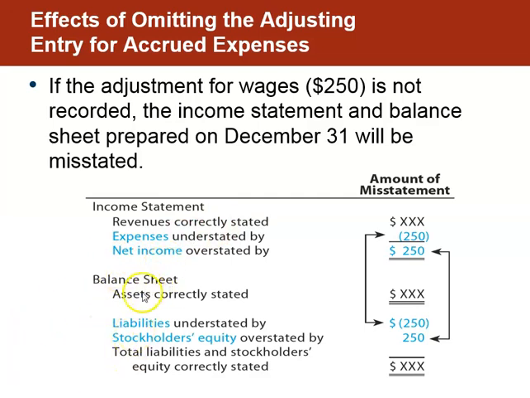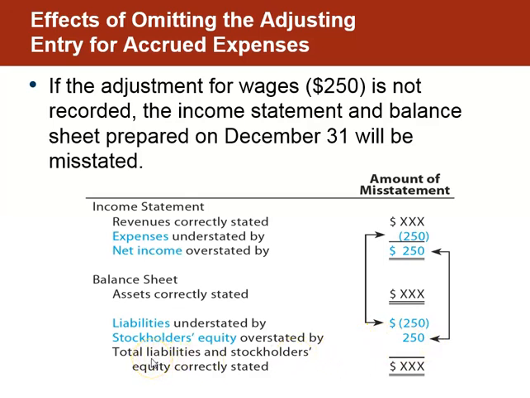Over on the balance sheet, assets are correctly stated. No problem there. However, liabilities are understated by that $250 because we never recorded the wages payable liability. Therefore, stockholders' equity in this case is now overstated by $250. Okay?